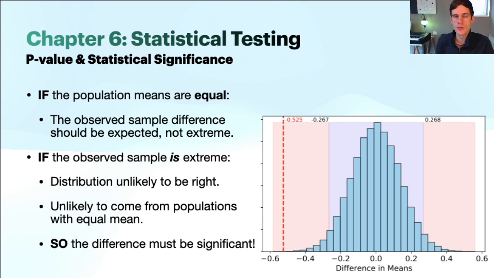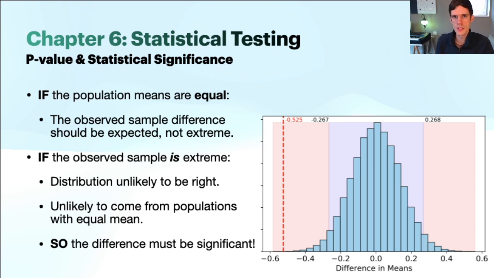Because this distribution is unlikely to be the right one, its underlying assumptions might be wrong. Remember, the underlying assumption is the null hypothesis, meaning that there is no meaningful difference between the underlying populations.